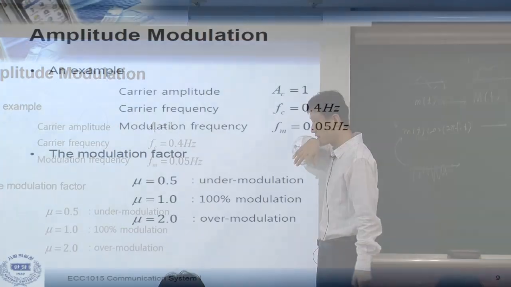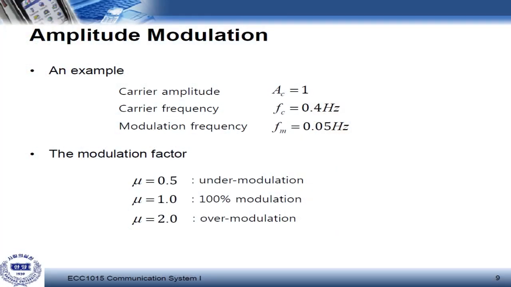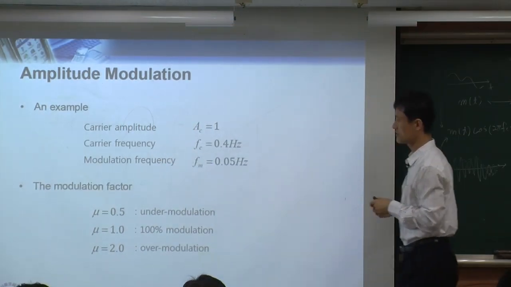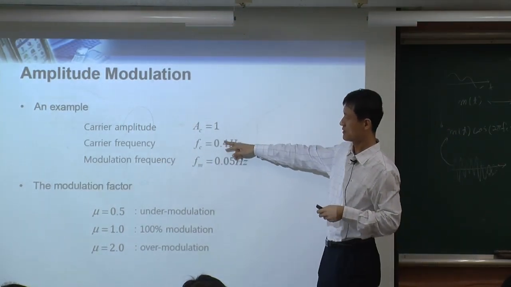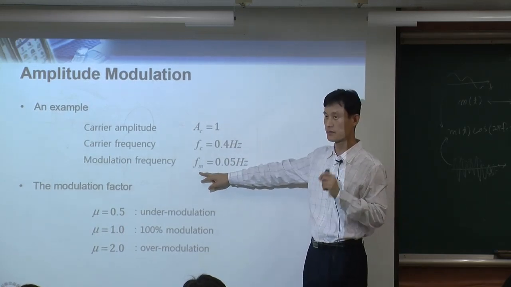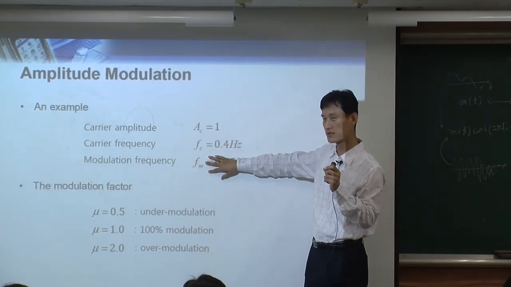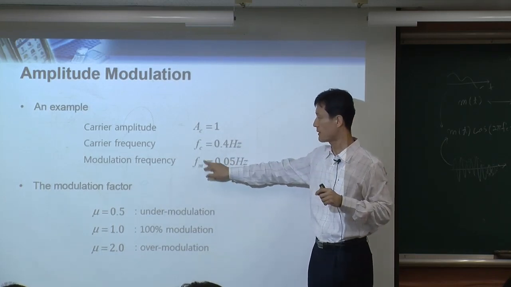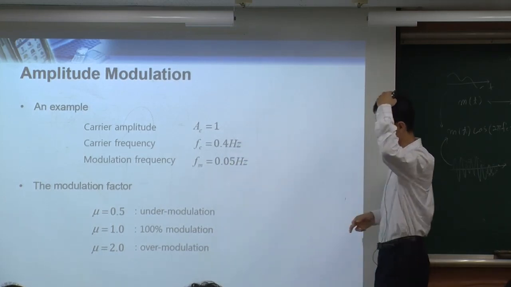This one shows you an example. Let's say, as an example, we choose the carrier amplitude AC as 1. And as an example, let's say the carrier frequency is 0.4 hertz. And for your message, again, we are still assuming a sinusoidal, simple message. Now let's say the message frequency is 0.05 hertz.